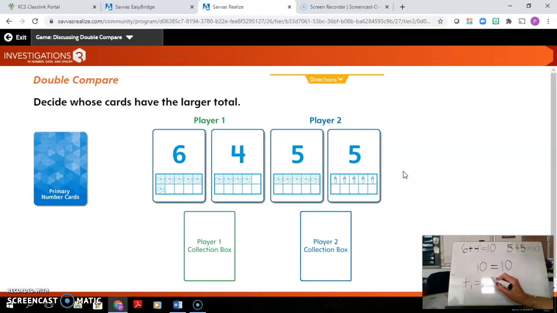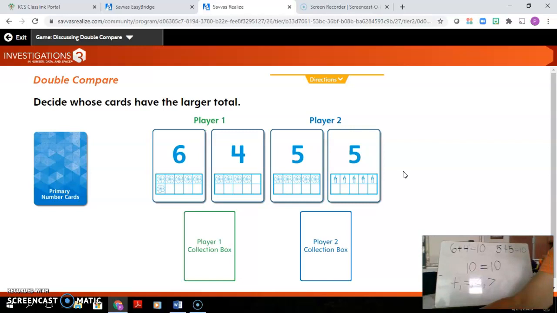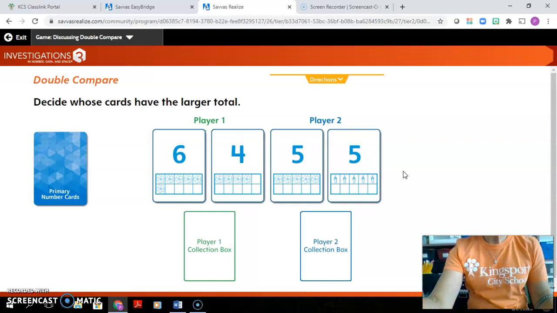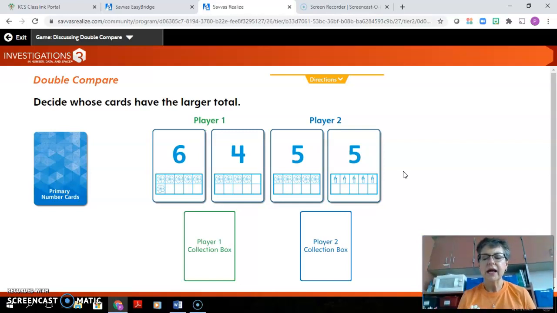We have looked at the less than to show that one number is less than the other number. And we've also looked at the greater than to show that one number is greater than the other number. So when you play this game with a partner, try to use those terms, greater than and less than and equal to. I hope you have fun playing this game at home.